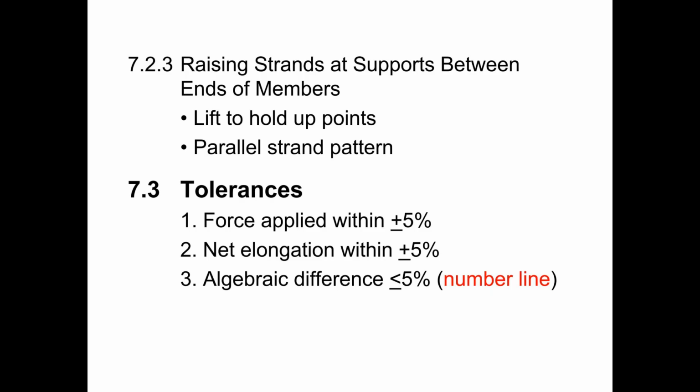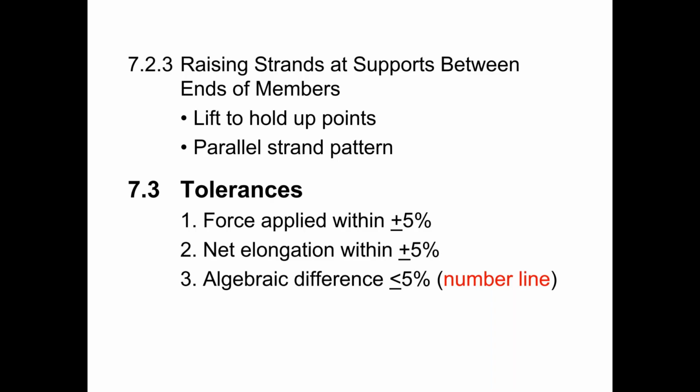This is the one that, if we make an error in calculating tensioning tolerance, usually does us in. So the third question is, is the deviation in force combined with the deviation in elongation 5% or less? So the total deviation in force and the deviation in elongation has to be 5% or less.